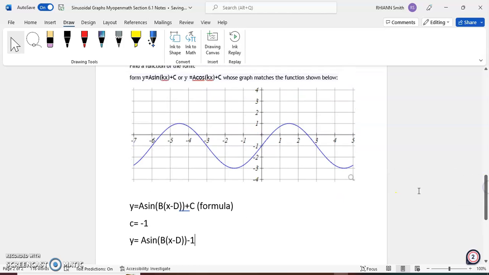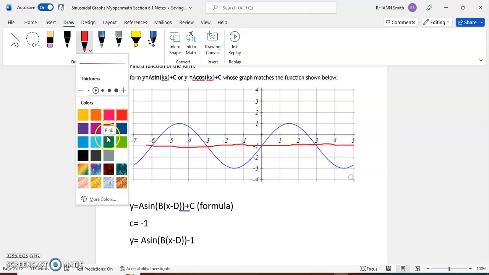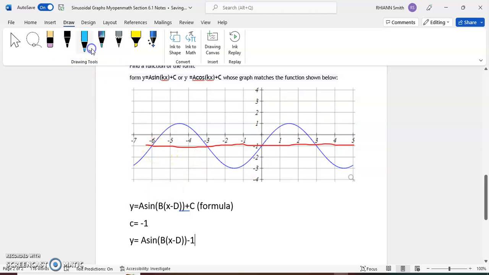So I think the second easiest one to find is A. A is the distance from the midline, so I will draw where the midline is. The midline is about here, basically dividing the graph in half. I'm going to do this in a different color so that you can see. When finding the amplitude, it's the distance away from the midline, which is this red line. This is our max.